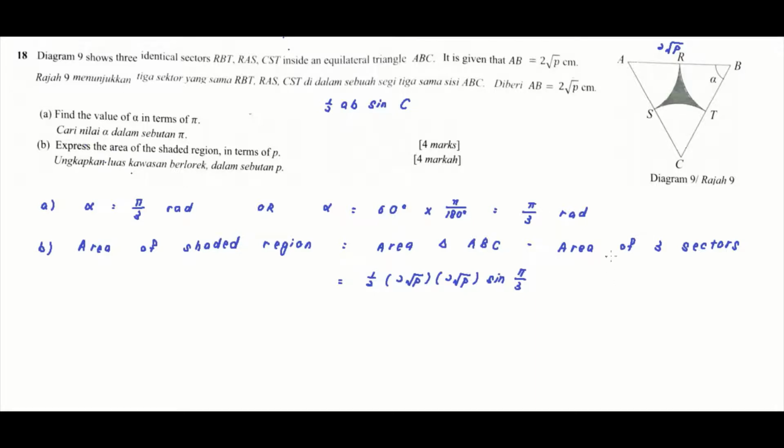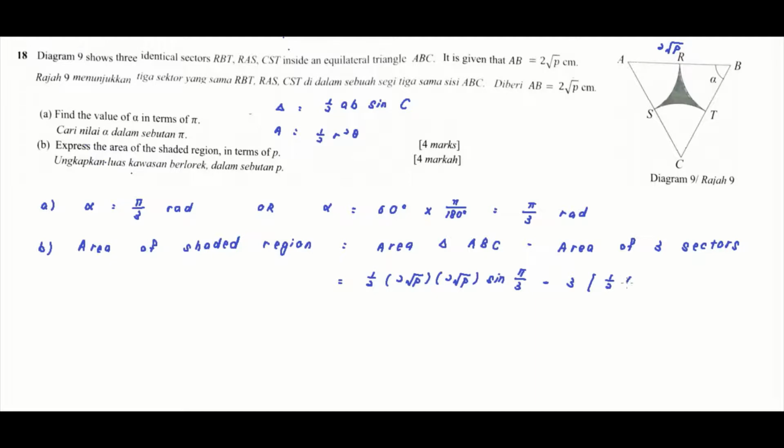Then after that, minus the area of three sectors. We know that this is for the triangle. The area of a sector is equal to 1 over 2 r square theta, right? So I minus, and since I need three sectors, I can straight away multiply by 3, then start with 1 over 2.